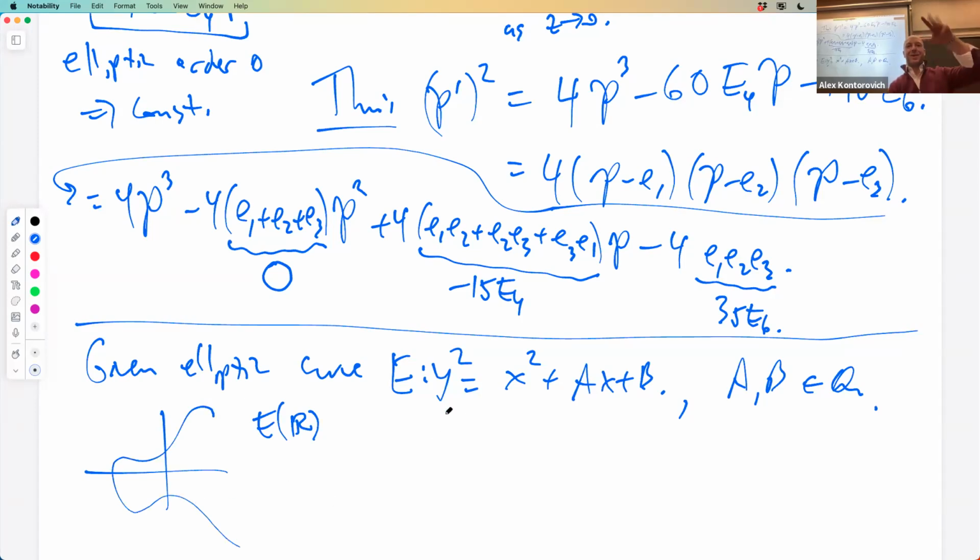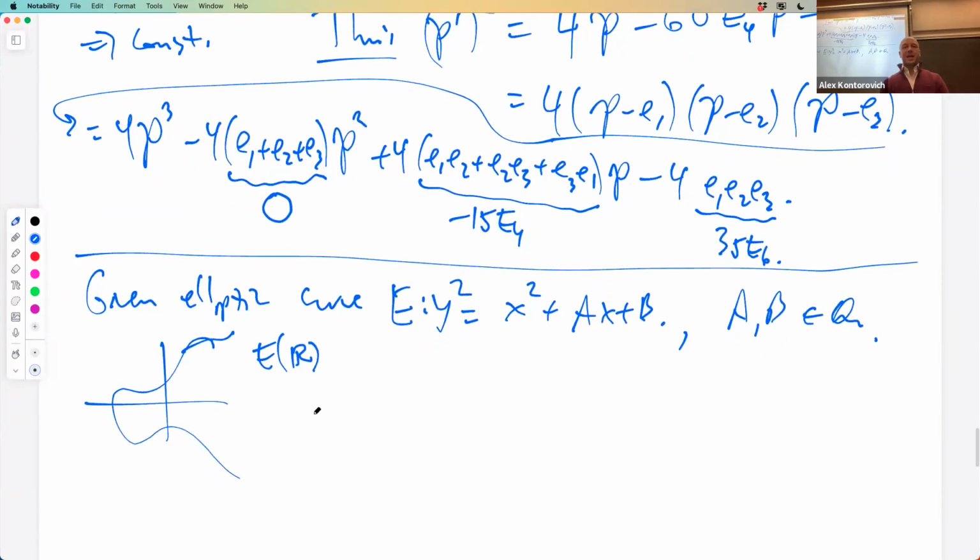It's supposed to be invariant under y goes to negative y. It's like even in y. It's not a horizontal evenness, it's a vertical evenness, whatever. So this is the real points. Inside of it, there might be some rational points, rational solutions to the curve.